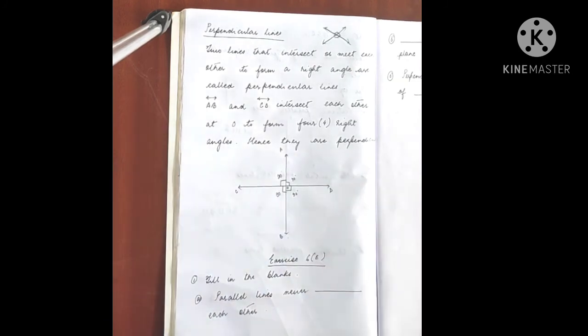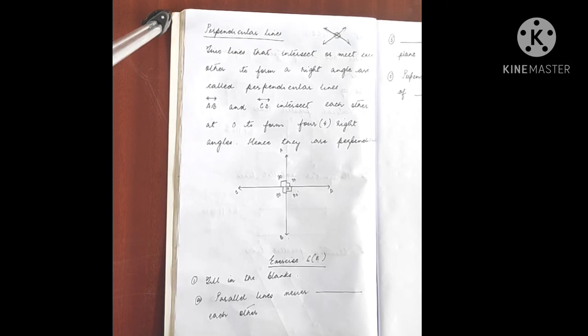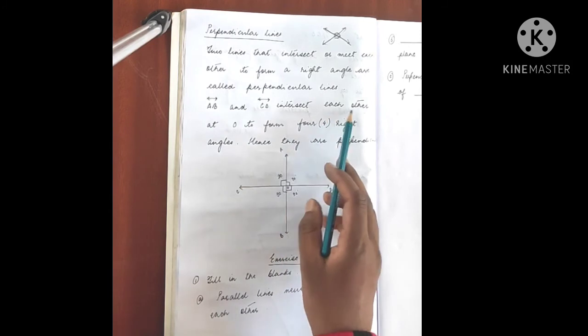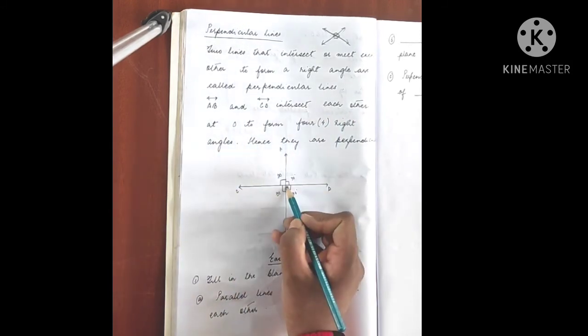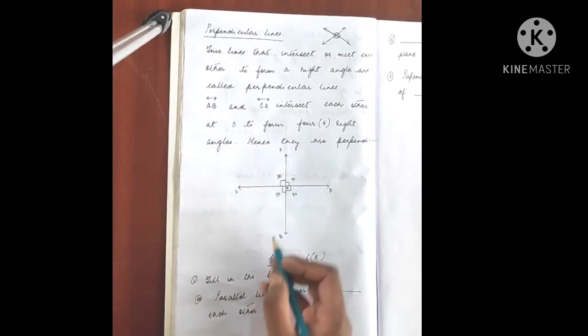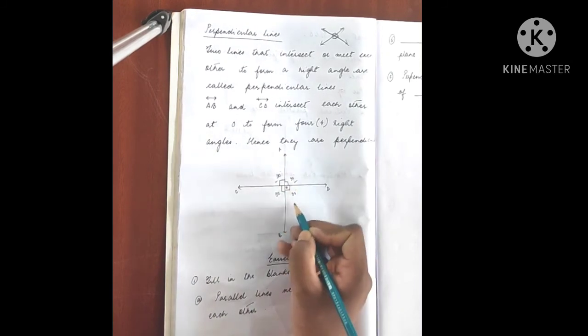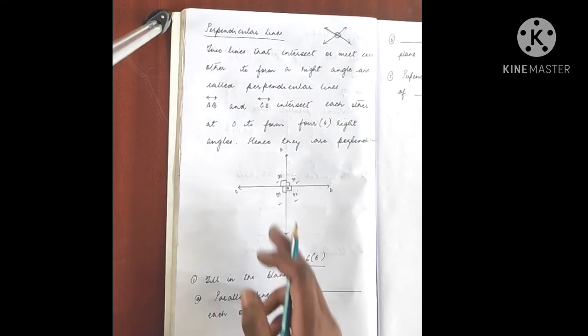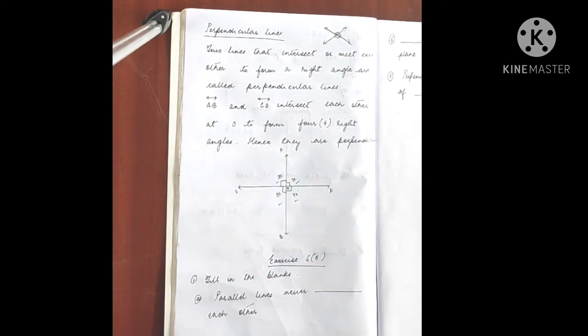So the definition you are going to write is: two lines that intersect or meet each other to form a right angle are called perpendicular lines. They intersect at O to form four right angles: 1, 2, 3, 4. So we have got four 90 degree angles by intersecting two perpendicular lines. I hope you got perpendicular lines.